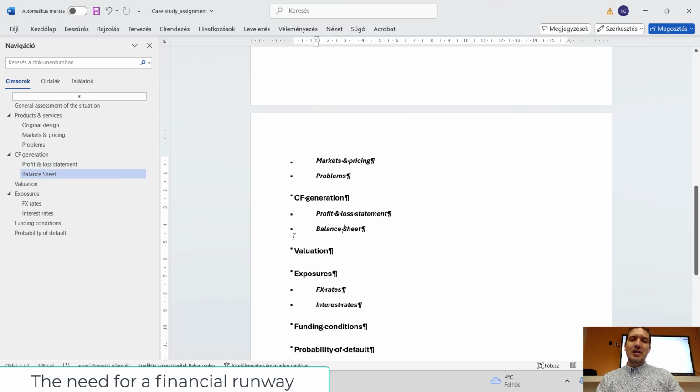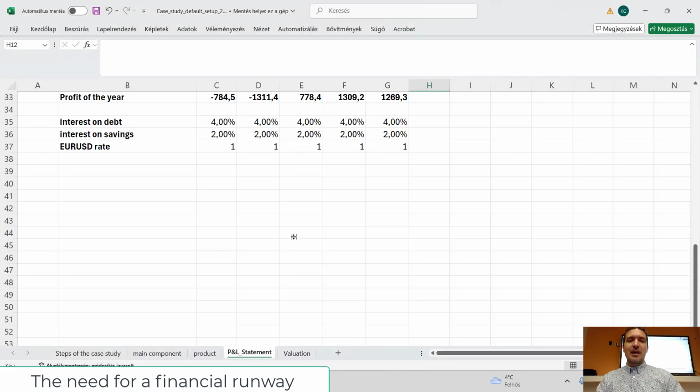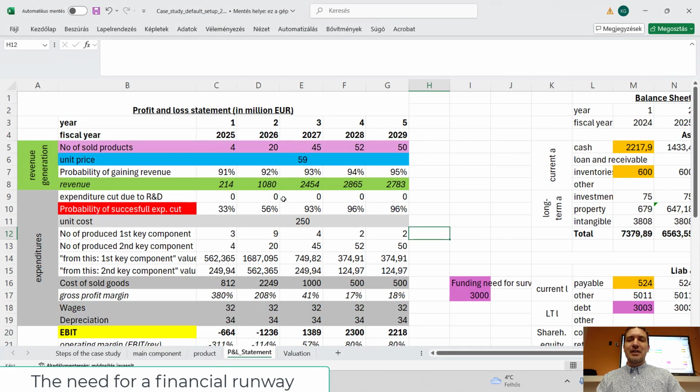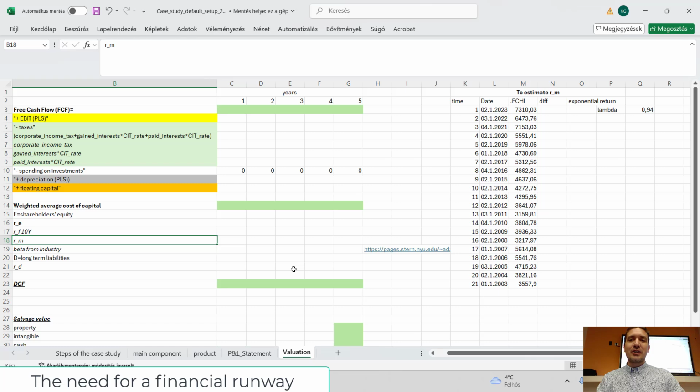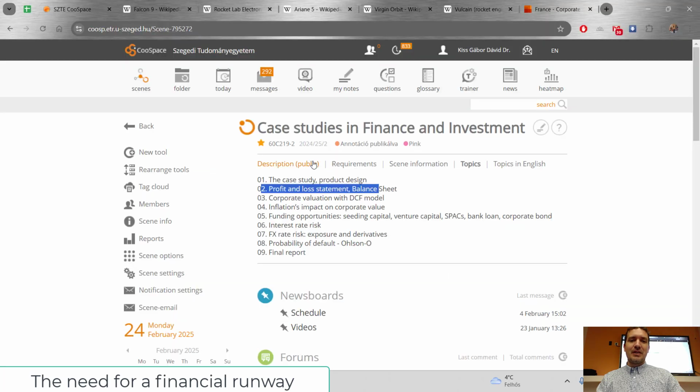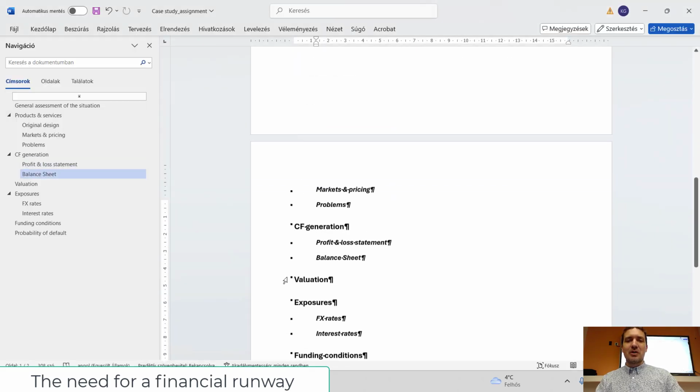So now we have, at least in terms of Excel level, all the data for the valuation. So next week we will do the valuation, and also we will write the remaining part of the report, because right now it's missing.